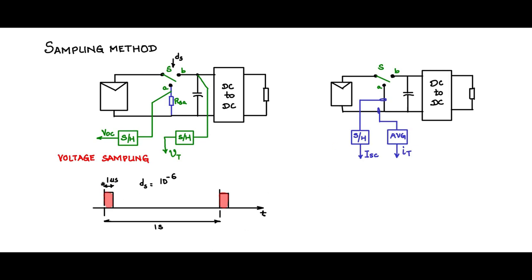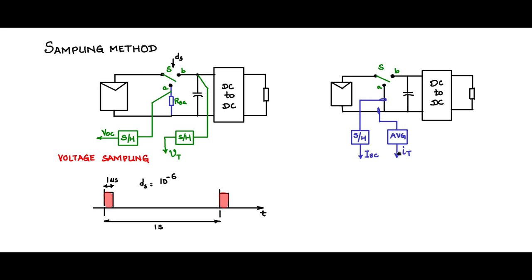Now similar times can be used for the current sampling method also. So let us say for 1 microsecond S is connected to A, and for 1 microsecond the PV panel is short circuited, and the current that is measured, sampled and held will be the ISC value at that instant. Then it is released and the load is connected, and for the majority of the time what is flowing here would be IT, and for that 1 microsecond what is captured here by this circuit is ISC.